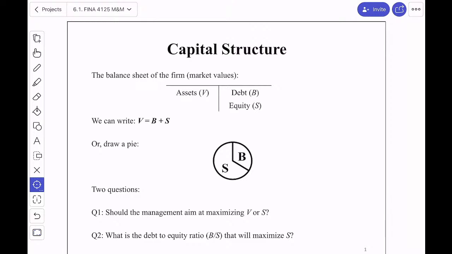So there is a tension between bondholders and shareholders that I've described before, because shareholders are residual claimants to the profits of the firm, right?